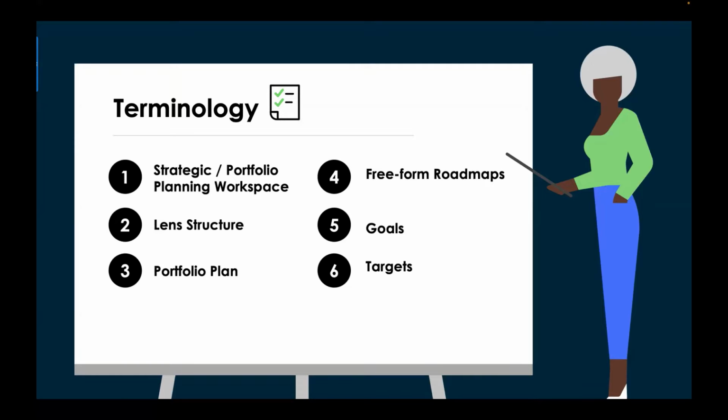Goals are typically quantitative by nature, should be ambitious, and are expected to motivate and challenge your teams. Targets, well, they're going to track and measure the progress of those goals.